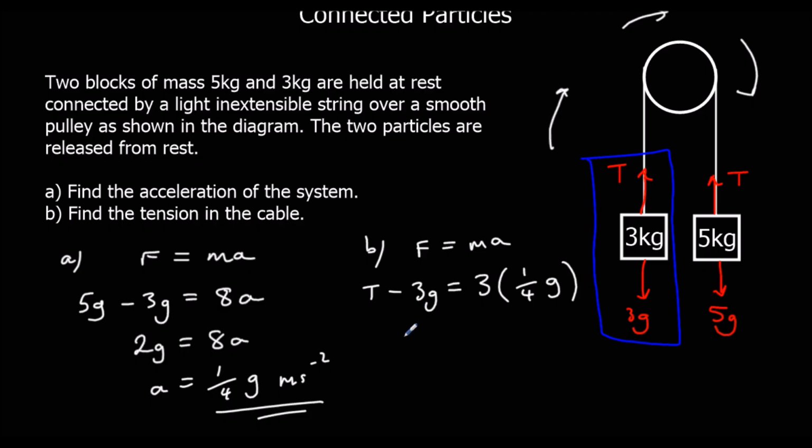So that means T equals 3/4 g plus 3g. So tension is 15/4 g, in newtons. Again, we could put that into the calculator and give our answer to 2 or 3 significant figures, but it's more accurate to leave it in terms of g.